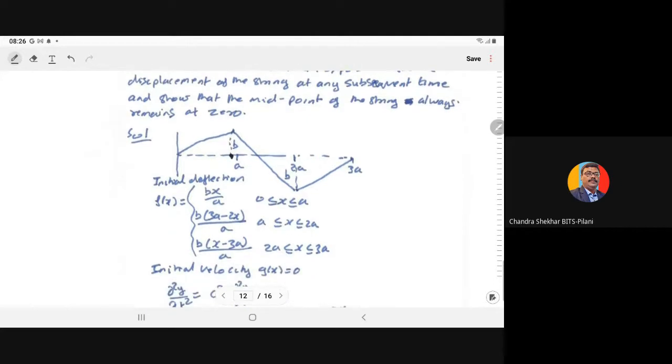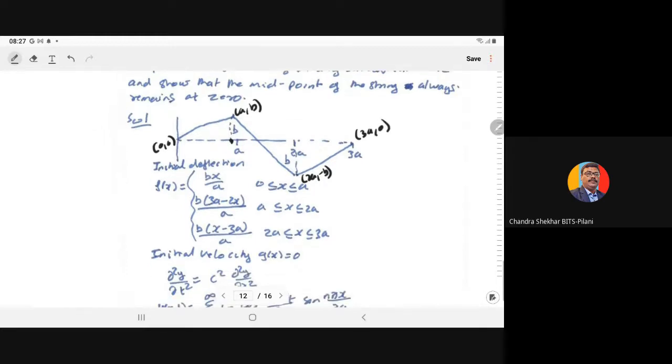So the initial deflection will be f(x). Here the coordinate is (0, 0). Here the coordinate is (a, b). Here the coordinate is (2a, -b), and here we have the coordinate (3a, 0).